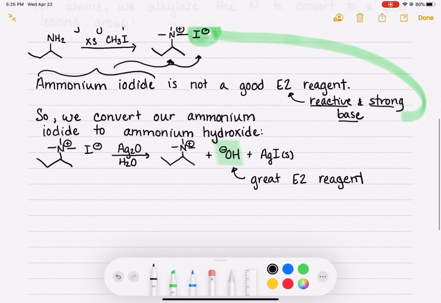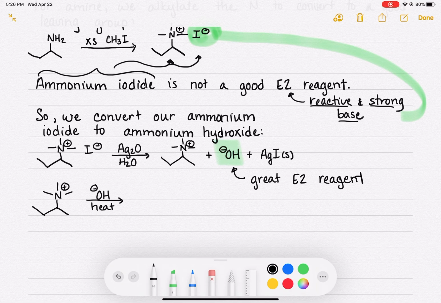Once we have formed that hydroxide, it is going to begin the elimination reaction. It's still a little bit of an uphill battle, so this part of the reaction is usually heated. Heat is going to be necessary to get it to go.